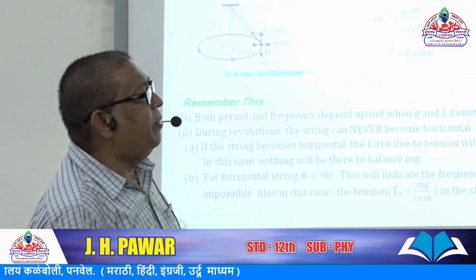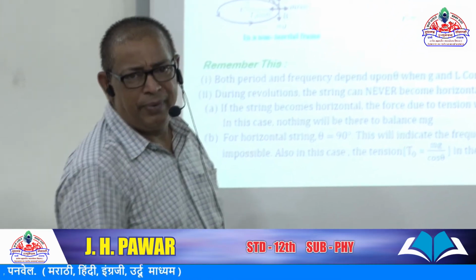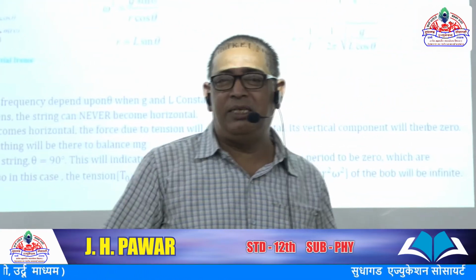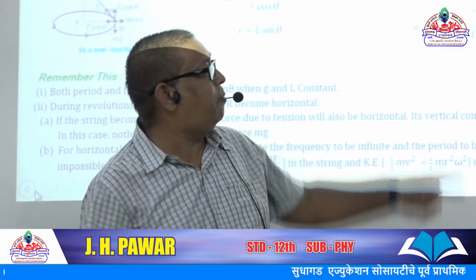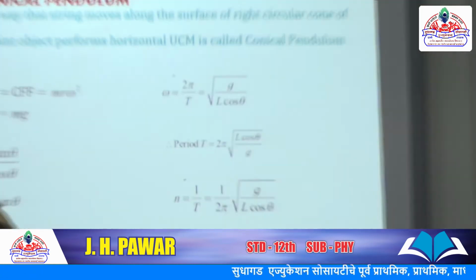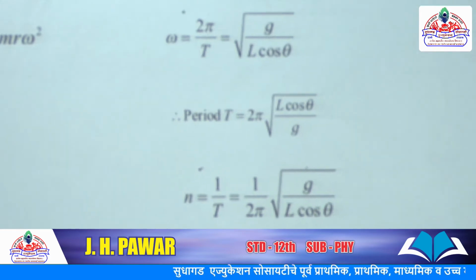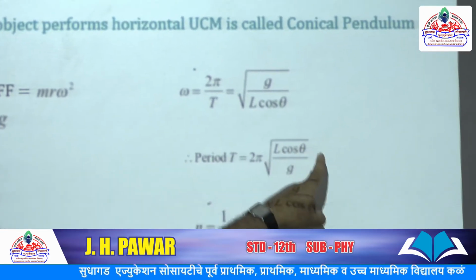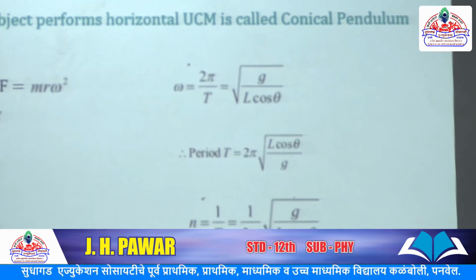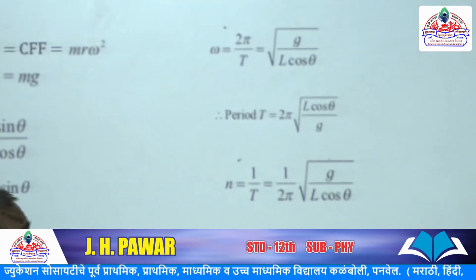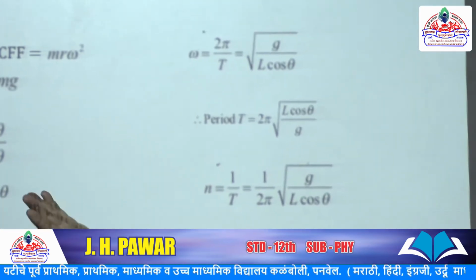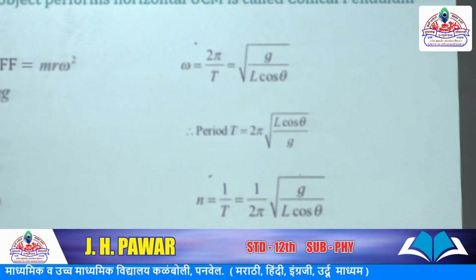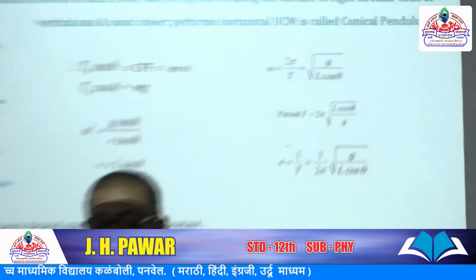Now, some points to remember. The period or frequency of the pendulum depends on which factors? From the expression, 2 pi is a constant, but it depends on L, theta (cos theta), and G. G, the acceleration due to gravity, remains constant at any place.